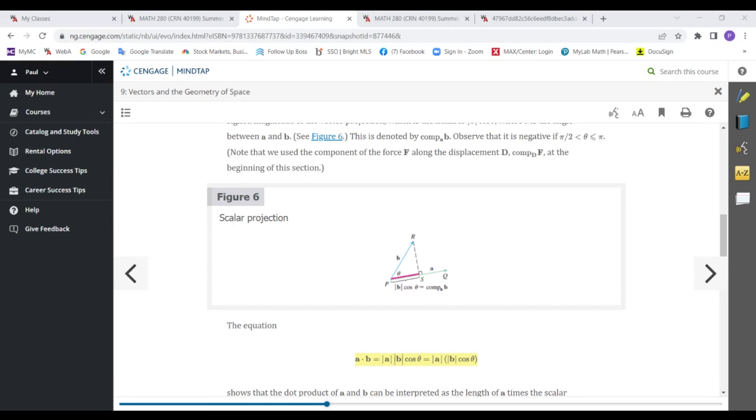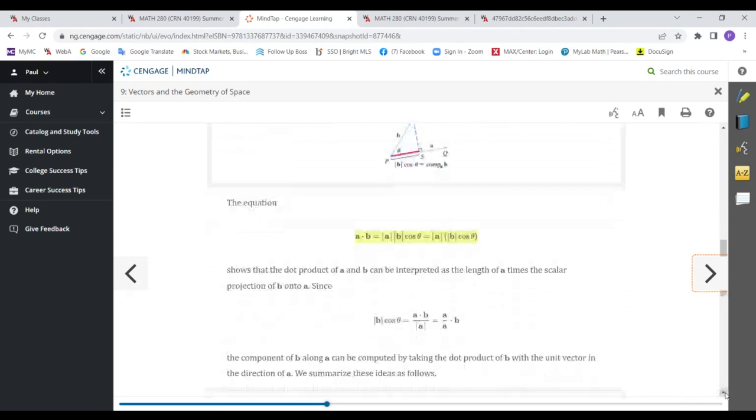Whatever that number is, the projection vector is going to equal that scalar times the vector A. So how can we compute that component?